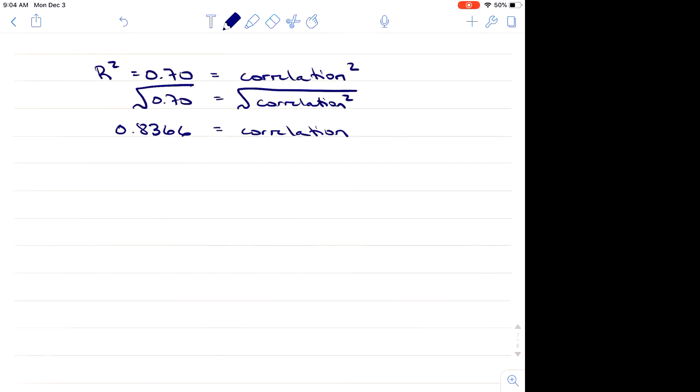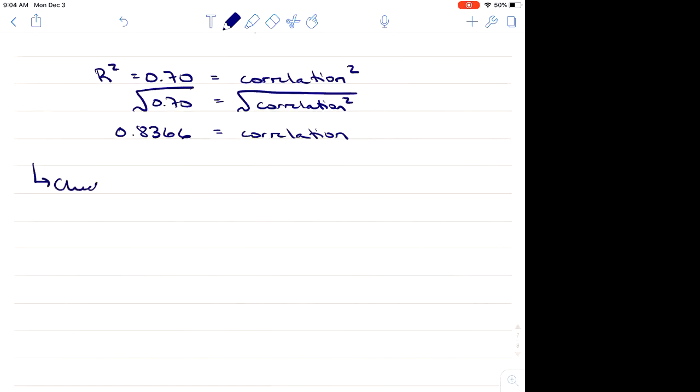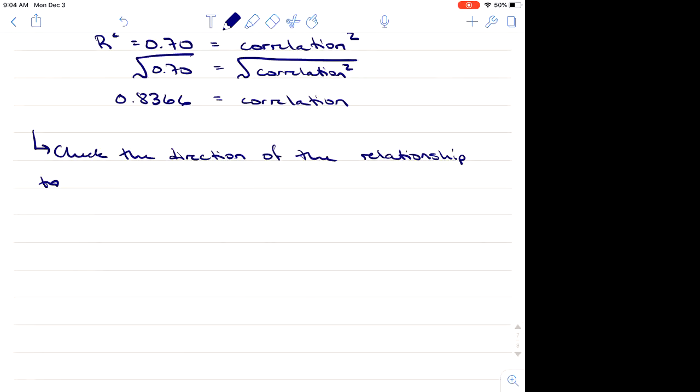So one thing that we have to do is check the direction of the relationship, to make the correlation negative if the relationship is negative.